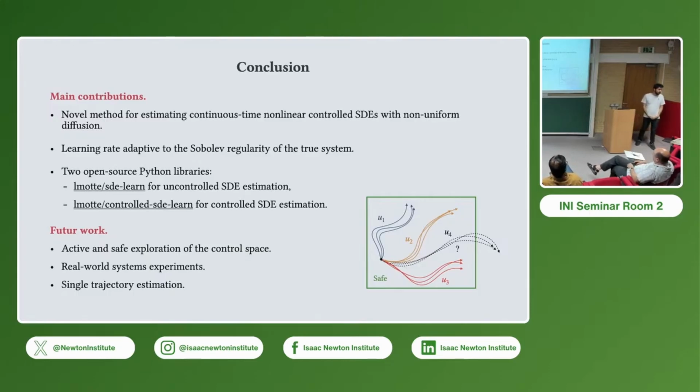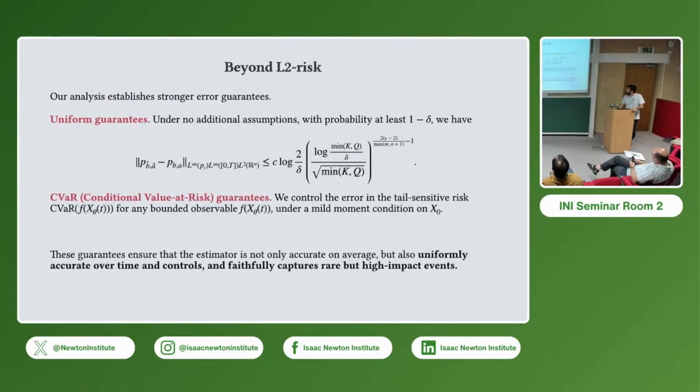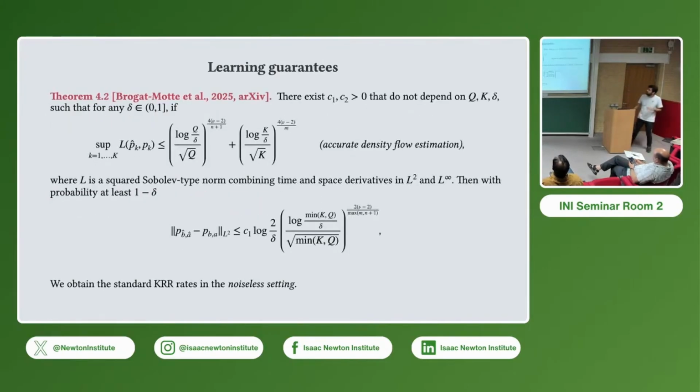Yes? Can you go back to the bound? It seems that for the rates, you have lower bounds on it. Each term looks standard under the assumptions, but there is no interaction between the sampling time and the number of replications.